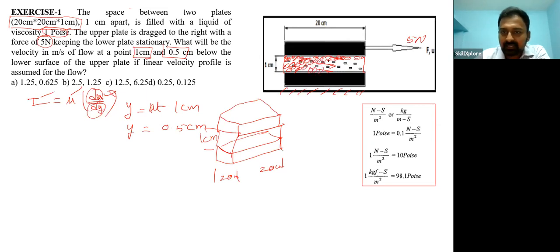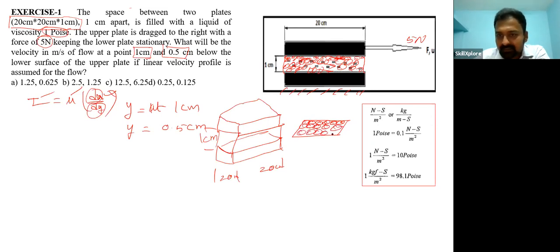So initially it is aligned like this. After the application of force, this rectangular alignment will be like this. The alignment of particles will be like this.